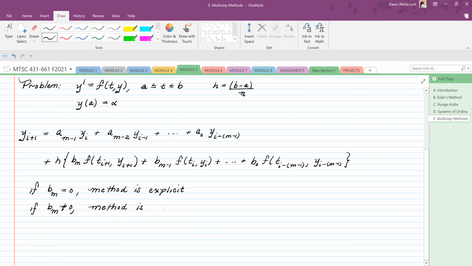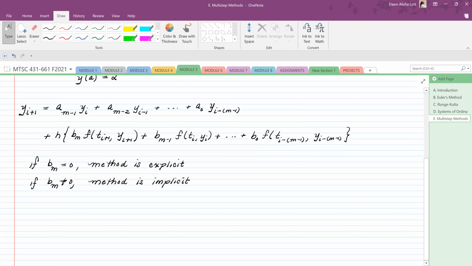By rule of thumb, for many numerical methods, implicit schemes are more stable, but they are definitely more difficult to solve. Okay, so let's first talk about the two-step Adams-Bashforth method.